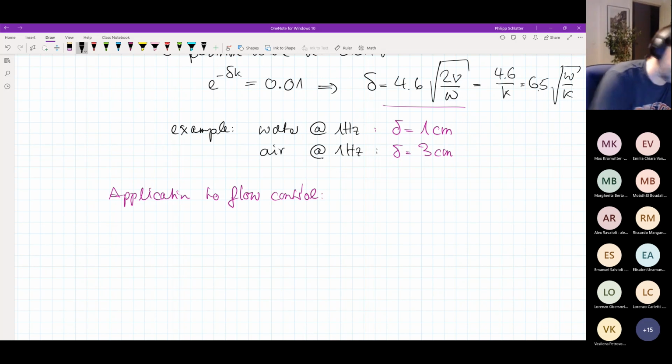Well, what is flow control? Flow control is the idea that if you have a boundary layer flow, for instance the flow around a car or an airplane or a wing, you would like to control it, meaning you would like to, for instance, reduce or minimize the drag.